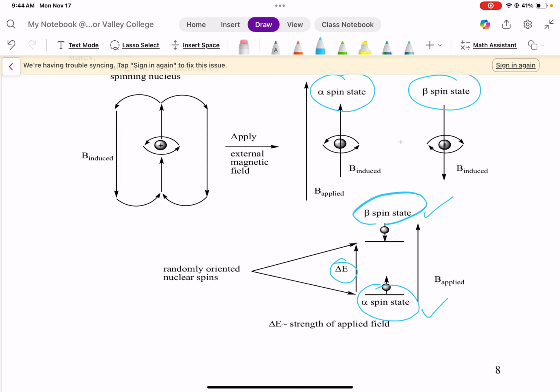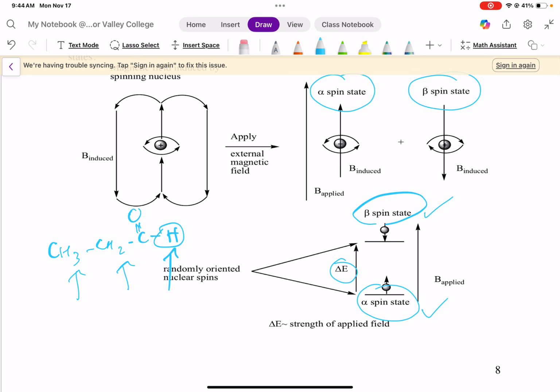Now, different types of hydrogens will absorb different energy. So you've got different groups of hydrogens. You've got a CH3, CH2, and here you have three different kinds of hydrogens. The CH3, those three hydrogens are the same, and that's the first group. Then you've got CH2, that's the second group, and then you've got the hydrogen by itself that forms its own group.